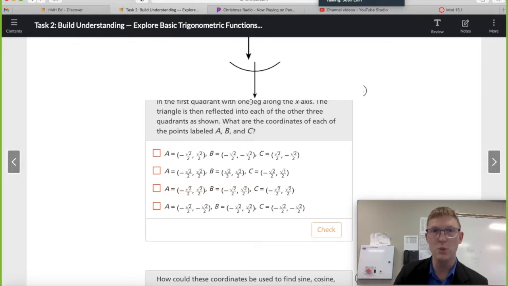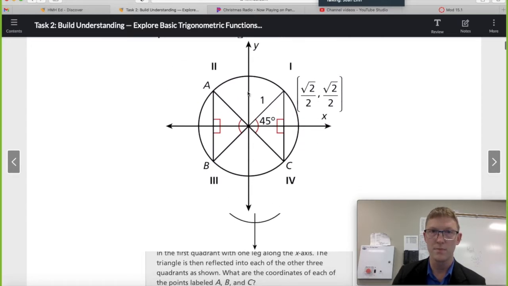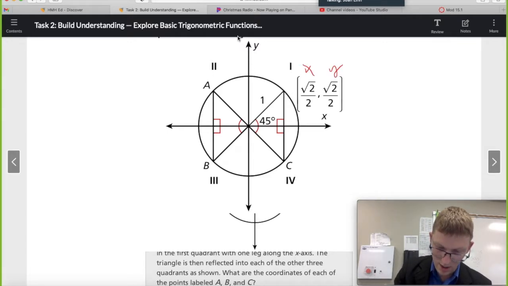In the first quadrant, with one leg along the x-axis, the triangle is then reflected into each of the other 3 quadrants as shown. What are the coordinates of each of the points labeled A, B, and C? So again, this is your x, and this is your y.